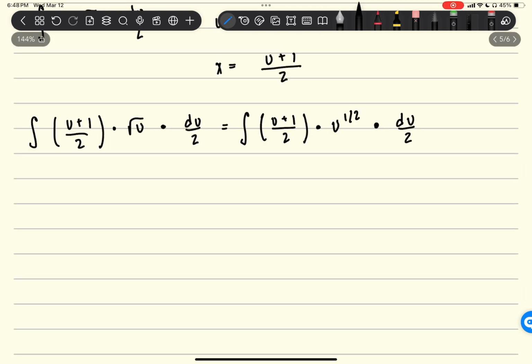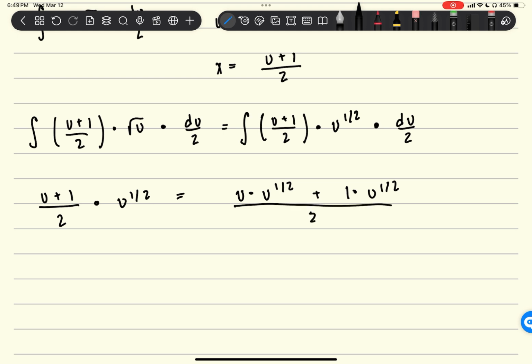Now, once I have my integral in this form, let's just use exponential properties to multiply u plus 1 divided by 2 times u to the 1/2. So we're going to have u plus 1 divided by 2 times u to the 1/2. All right, so this is going to be equal to u times u to the 1/2 plus 1 times u to the 1/2, and the 2 is still in the denominator.